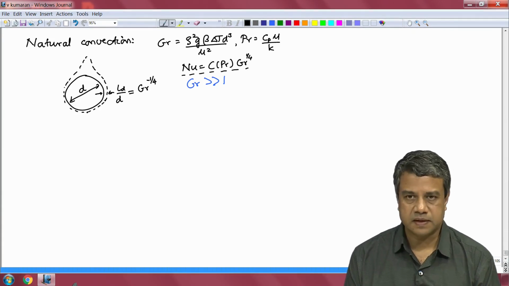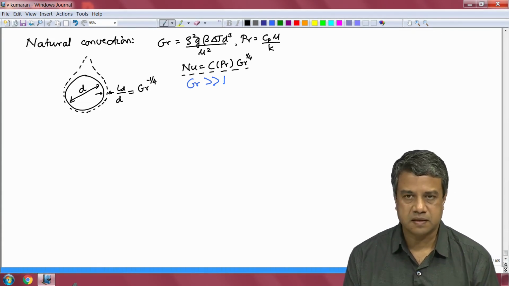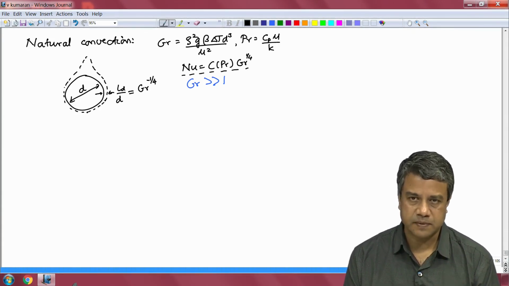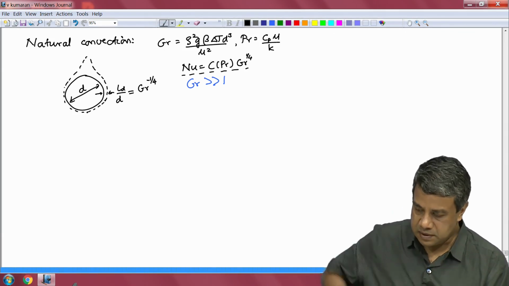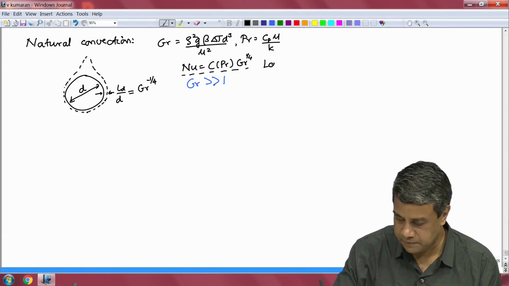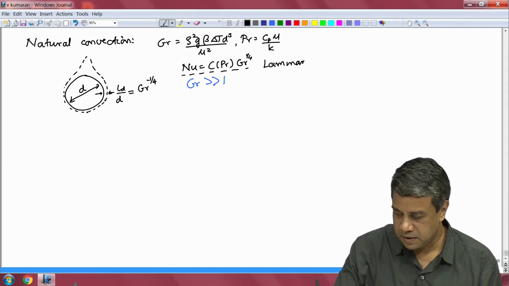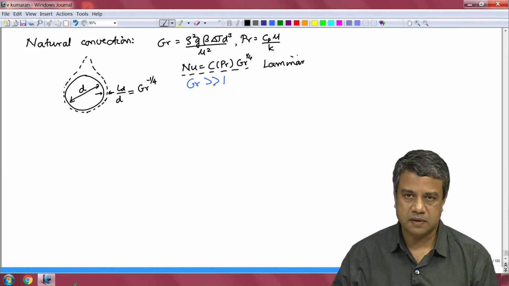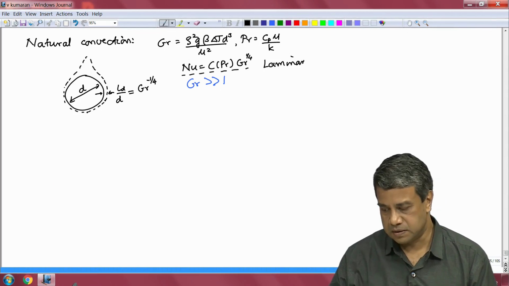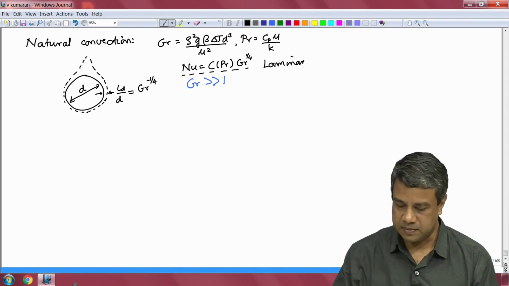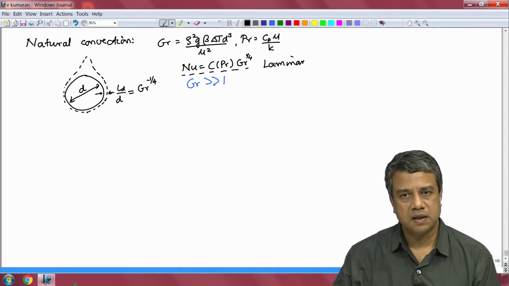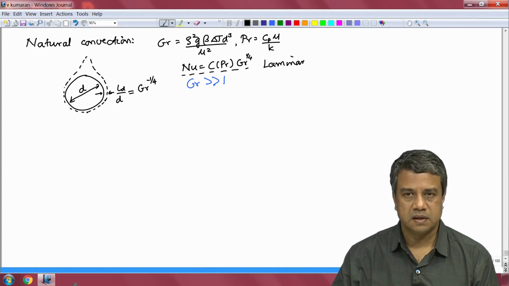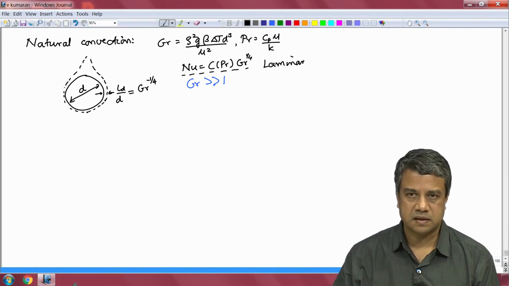We will look at a couple of examples of applications for the evolution of the temperature of an object at high Grashof number for laminar flow. So, this is always for laminar flow. I told you that the flow becomes turbulent when the Grashof number increases beyond about 10 power 9. So, if the flow is laminar, then we can use this correlation and use that in balance equations. We will examine that in the next lecture. I will see you then.